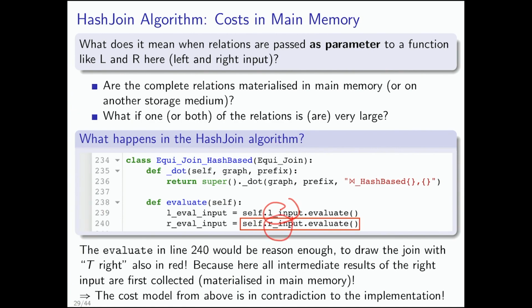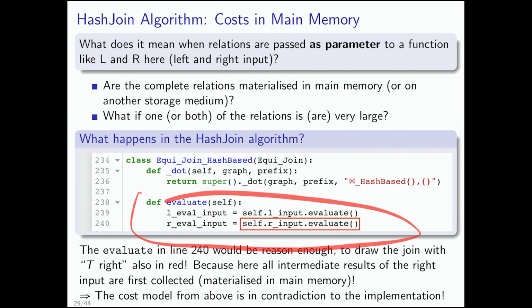And what these functions do is completely generate the results. They completely materialize those results in main memory. Which means there are memory costs being triggered here. That does not correspond to what we had in mind when looking at the hash join algorithm. So the implementation is doing something different. There's a mismatch: the model we had in mind doesn't correspond to our implementation.